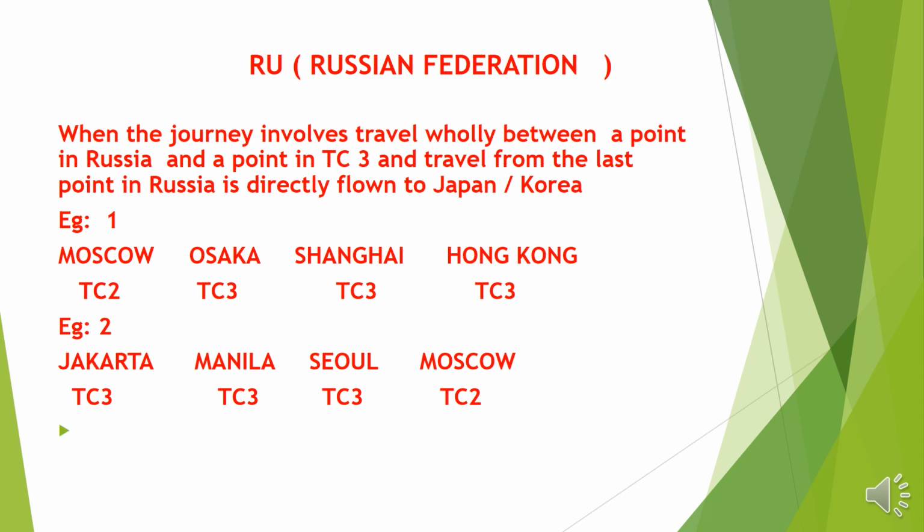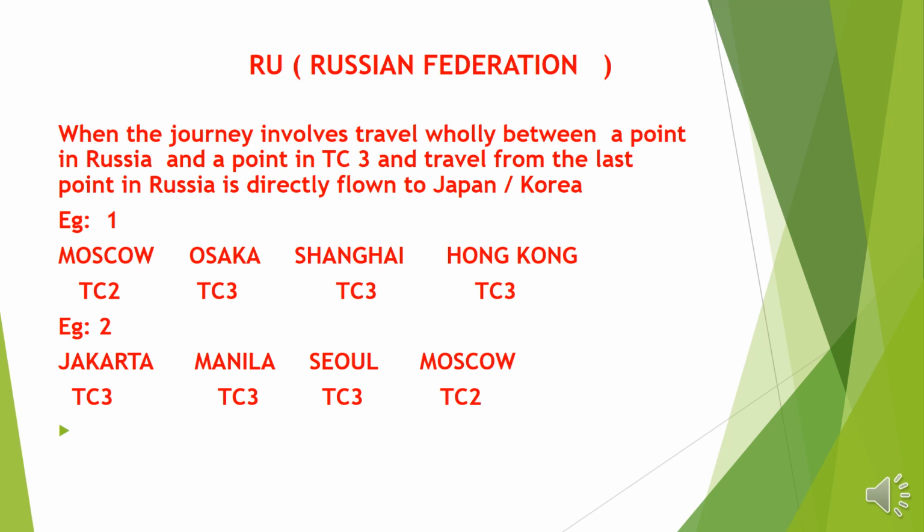But to use RU as a global indicator, the clue is your origin has to be Russia or your destination has to be Russia. If your journey starts in Russia, you should be going to TC3. And if your journey starts in TC3, you should be going to Russia. Russia should be your final destination. Only then there is a possibility of using RU.